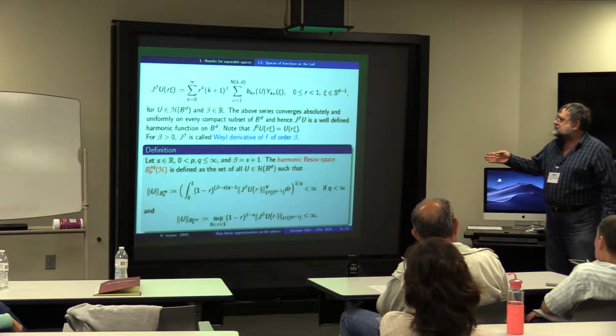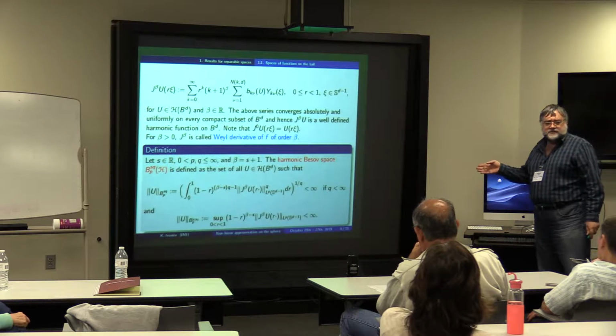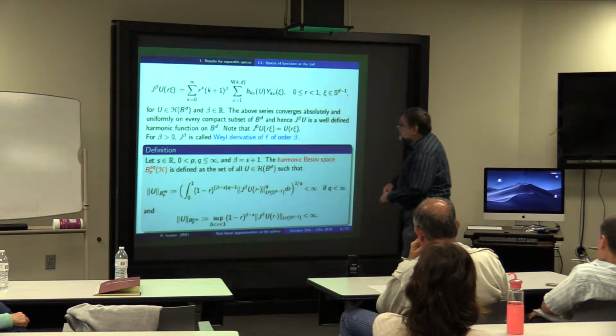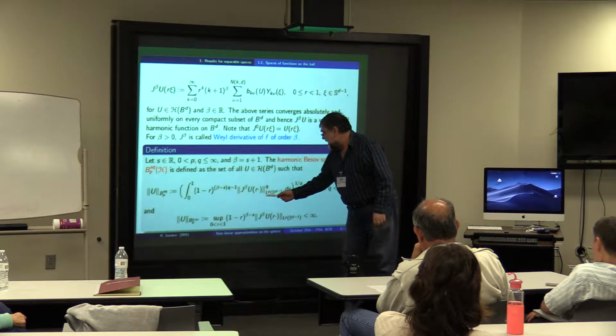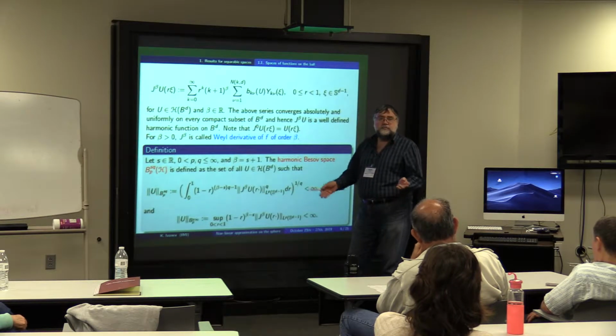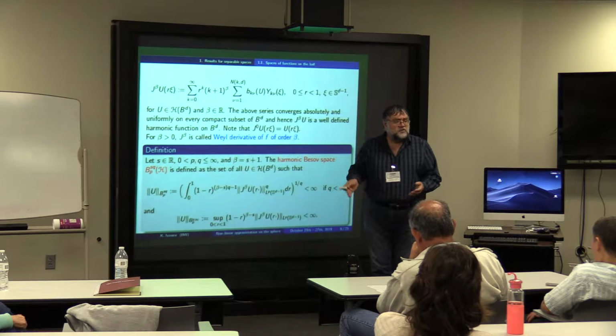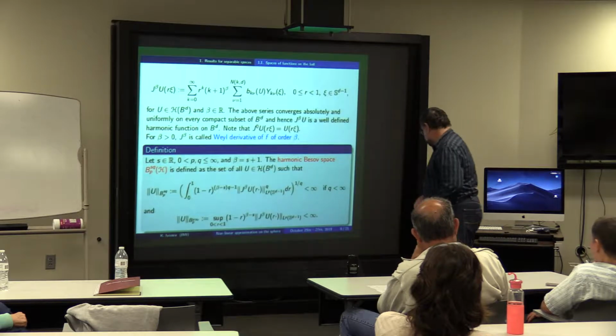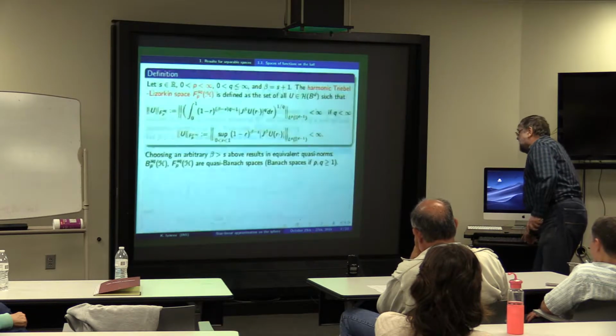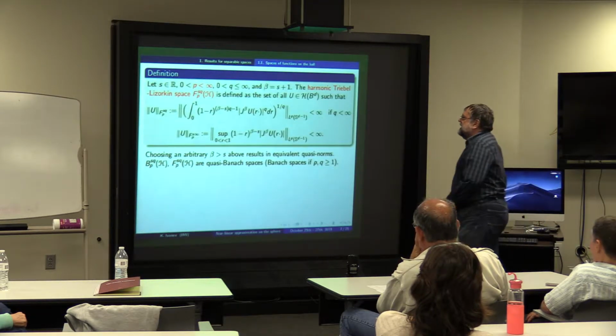Now, the next slide will be Triebel-Lizorkin spaces. It's almost the same. Just the LP norm and LQ norm are interchanged. So the LQ norm goes inside, the LP norm goes outside. Here they are.